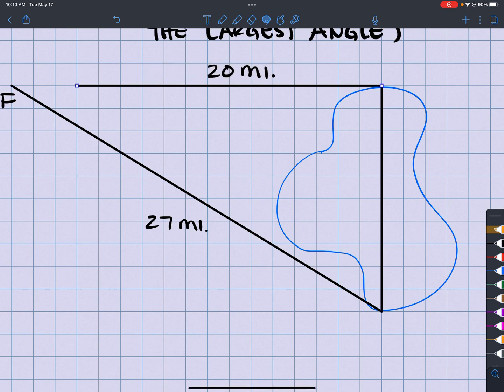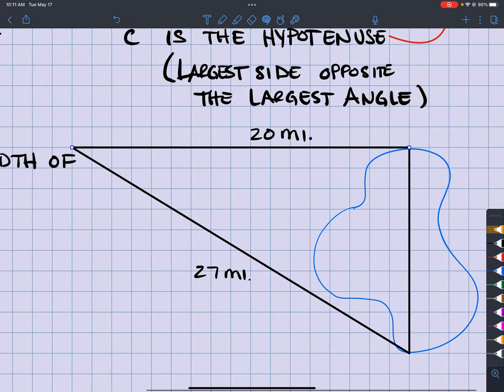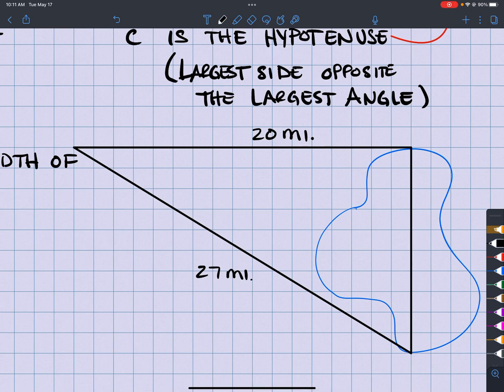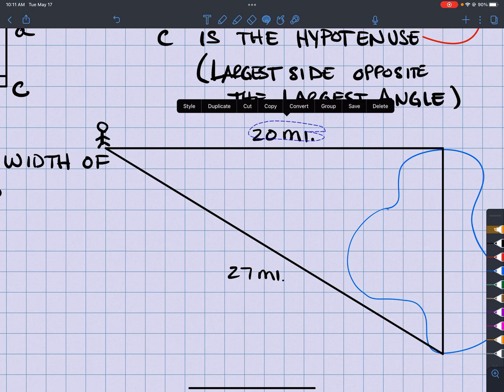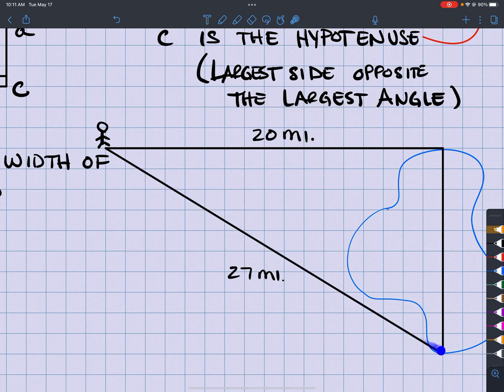So what they're going to do is find a point where they can figure out how far they are from this particular point here. They're going to stand right here. They want to find out how far this distance is, which is 20 miles. And then they figure out this distance here is 27 miles.